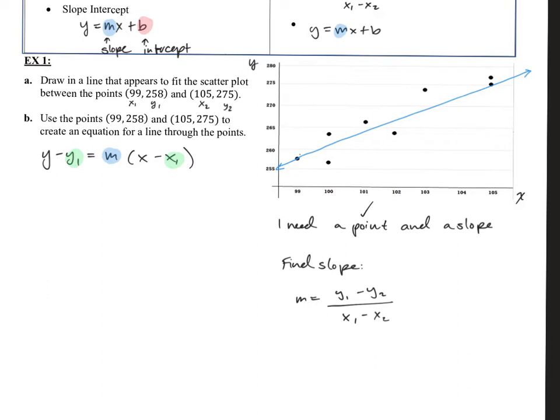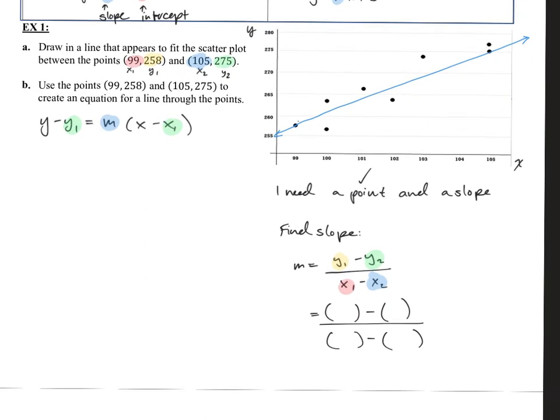Okay. So let's color coordinate this so we see what's happening. y sub 1 is 258. Then I'll do y sub 2 right there, x sub 2 right there, and lastly x sub 1. Okay, let's go ahead and plug these guys in. I always use parentheses because we're dealing with a minus. Let me make that parenthesis a little bit bigger because that's a 100 number.